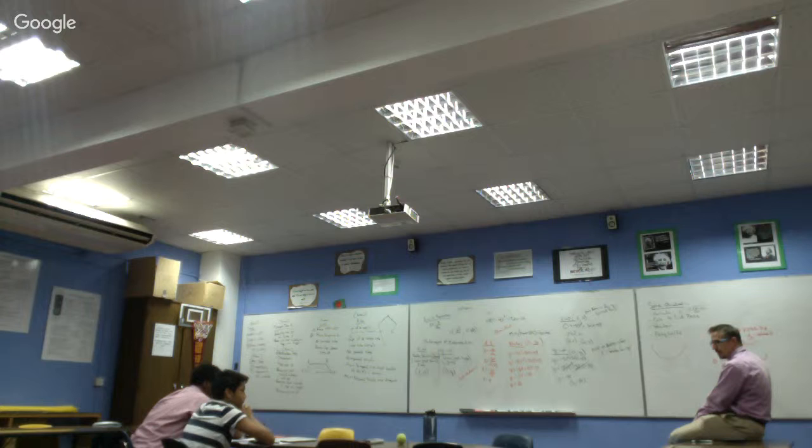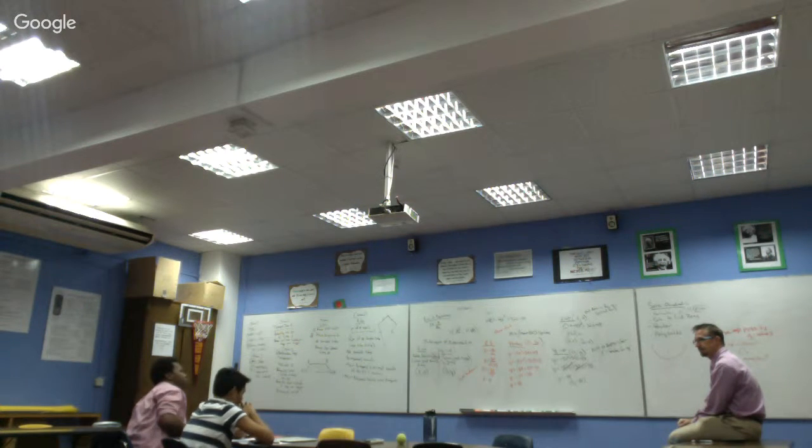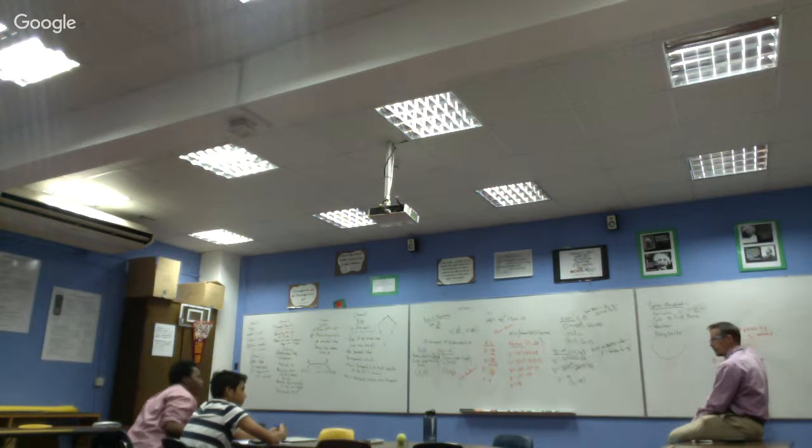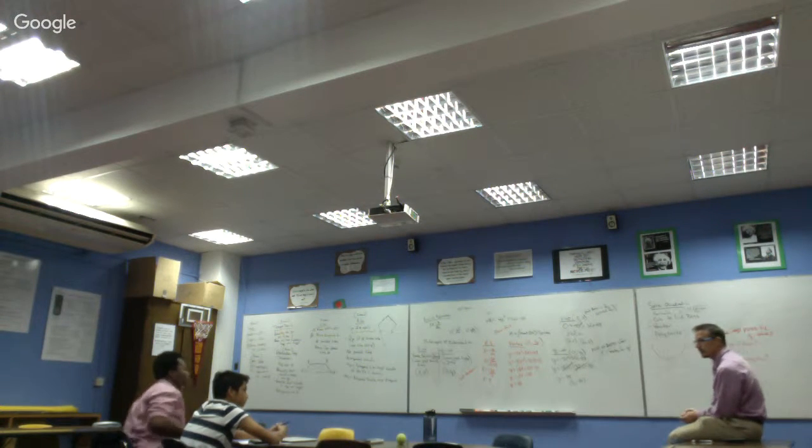Mathematically, how do I say that? If I have a maximum value of 16, and it can be anything lower than that, how do I say that? 16 is greater than or equal to y, or y is less than or equal to 16.